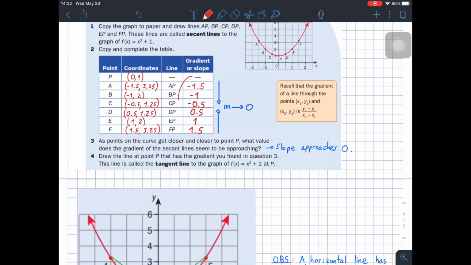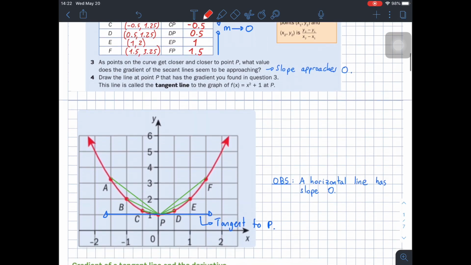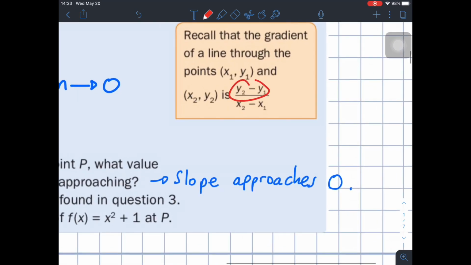And here, we're going to calculate the slope of each of these lines. The slope of line AP, slope of line BP, and so on. So I assume you remember how to find the slope, right? For example, here we have the formula, right? The slope of a function is always y2 minus y1 over x2 minus x1.